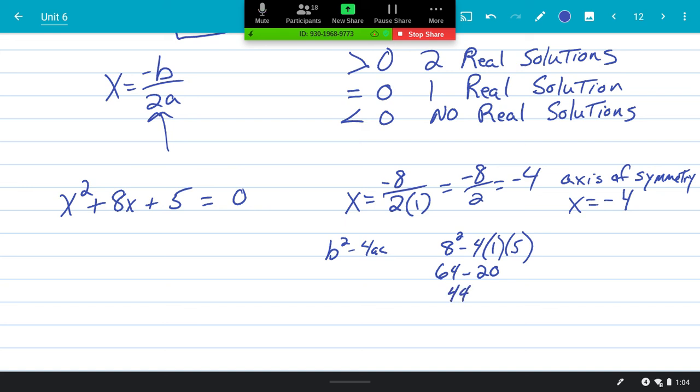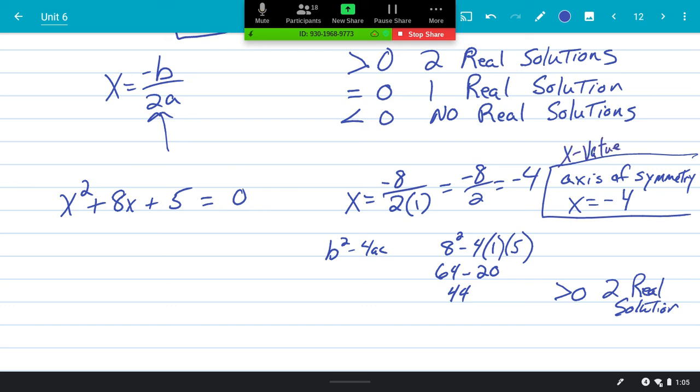Since it's 44, it's greater than 0, so it has 2 real solutions. And that's how you use that information to find out what the axis of symmetry would be, or the x value of the vertex.